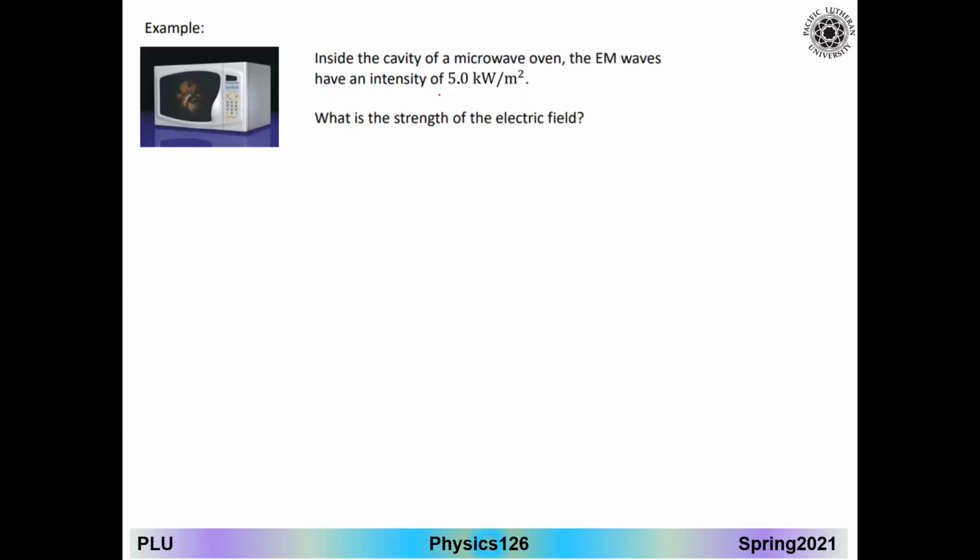We have the value of 5.0 power to the 3 watt per meter square, equal to half, I have a constant 3 power to the 8 meter per second, and multiply by epsilon 0, which is 8.85 power to the minus 12 coulomb square in Newton times meter square times E0.